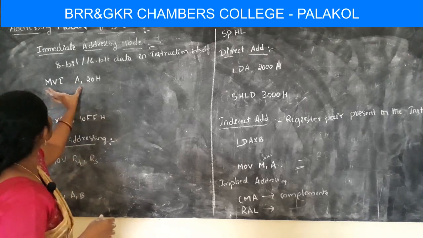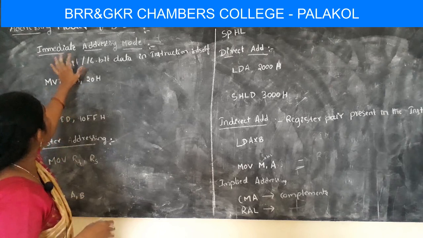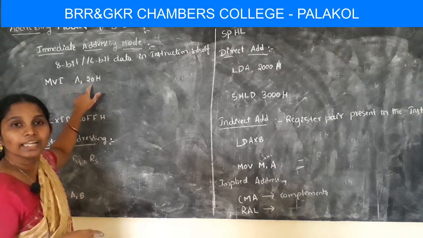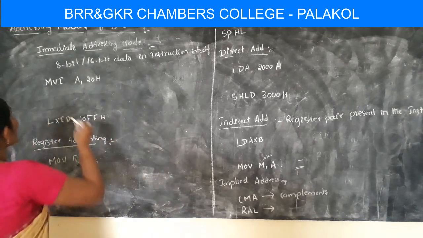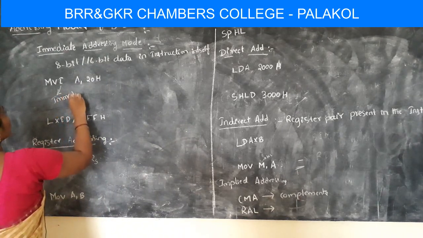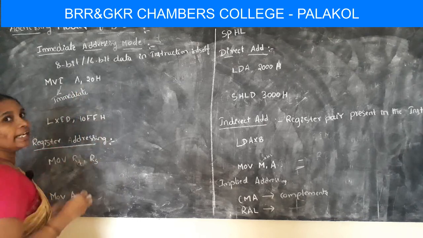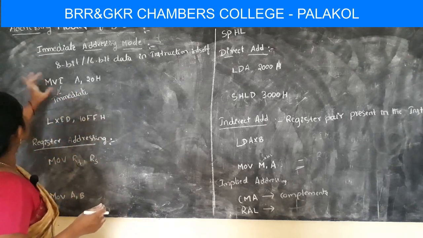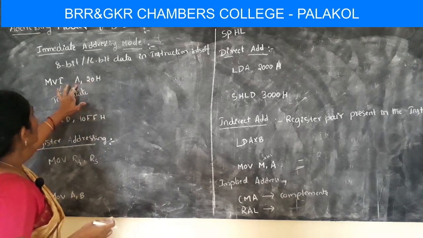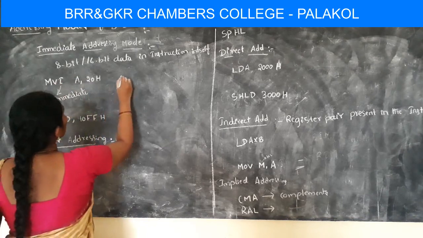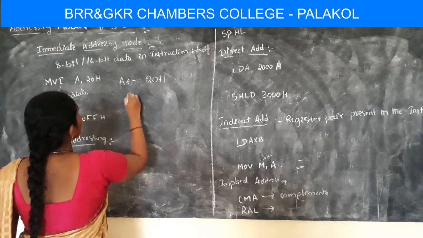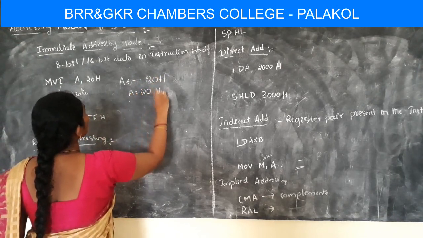An example of this is MVI A, 20H. Here the I represents immediate data, so the accumulator will store this immediate data. The meaning of this instruction is A equals 20H.